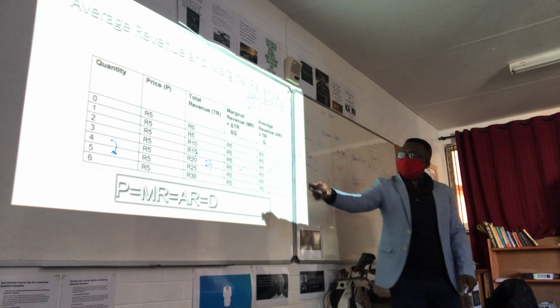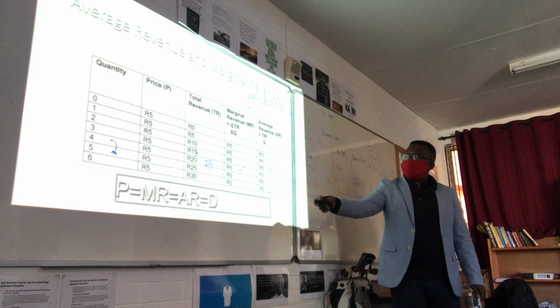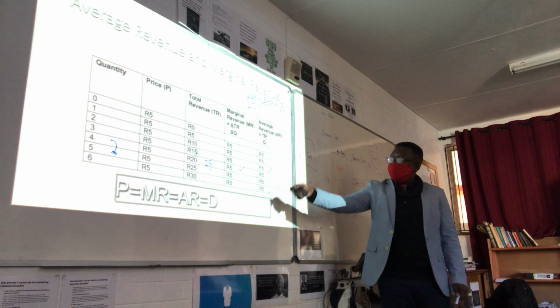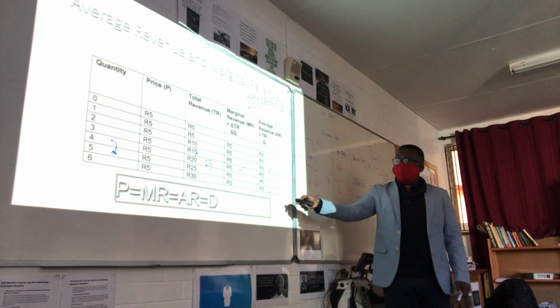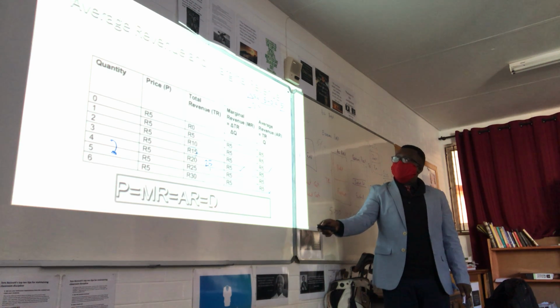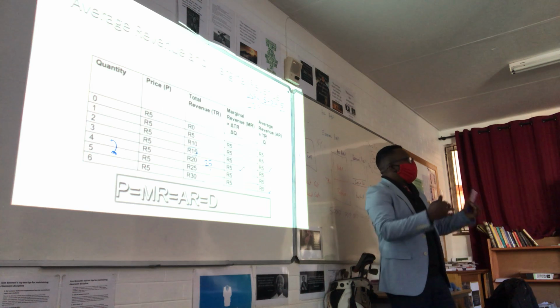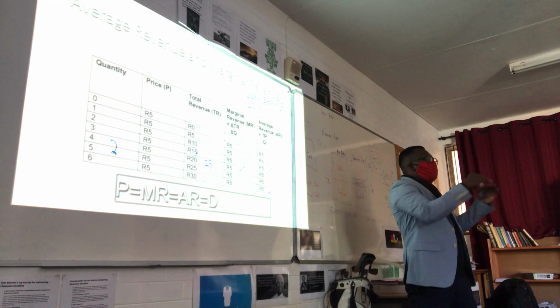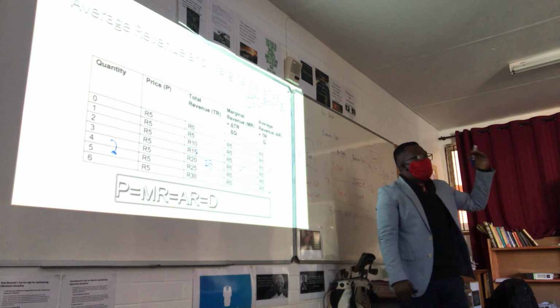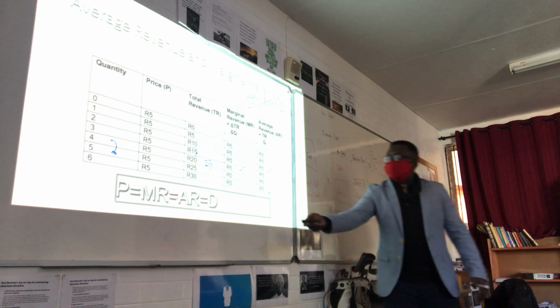P is equal to 5, but it's also equal to MR, and it's also equal to AR. So P is equal to marginal revenue, is equal to average revenue, and it's equal to demand, because remember the demand curve is flat. Why? Because it's the market supply and demand that determine the individual demand curve. So all of these are equal.